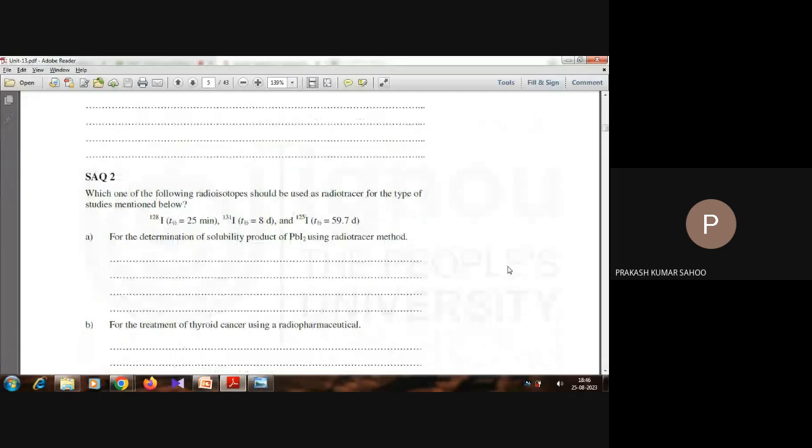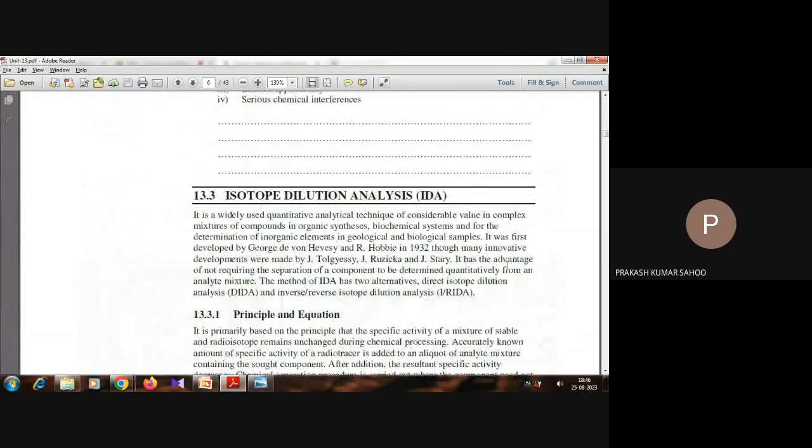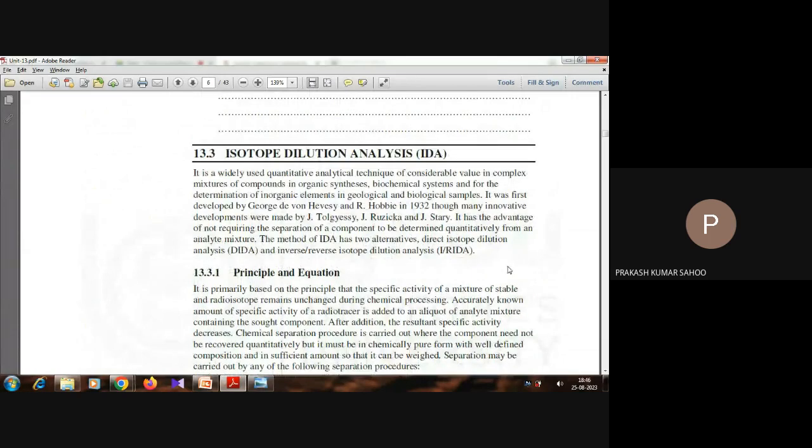Then we have the next part, that is isotope dilution analysis. It is a widely used quantitative analytical technique of considerable value in complex mixtures of compounds in organic synthesis, biochemical systems, and for the determination of inorganic elements in geological and biological samples.